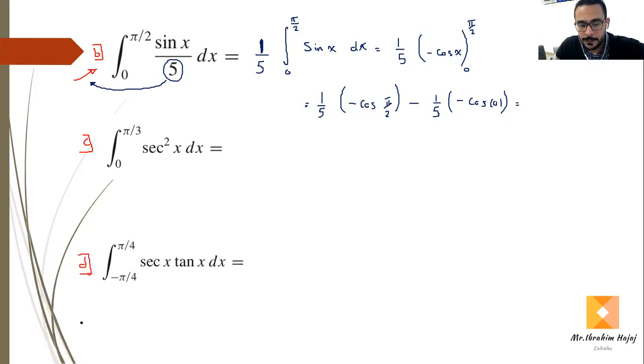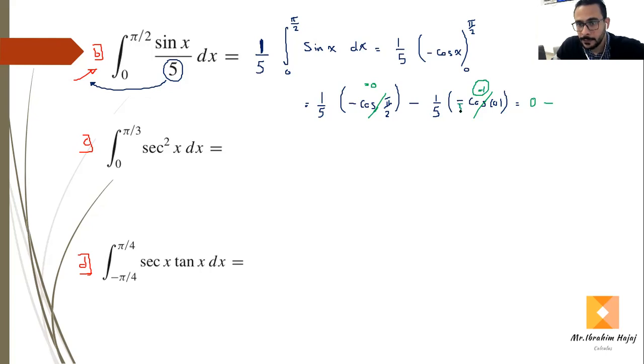Cosine 0 is equal to 1. Cosine pi over 2 is 0. So it becomes plus 1 over 5, because there is a minus with the cosine and a minus with the 1 over 5, so it becomes plus.